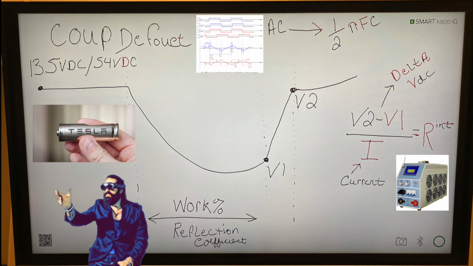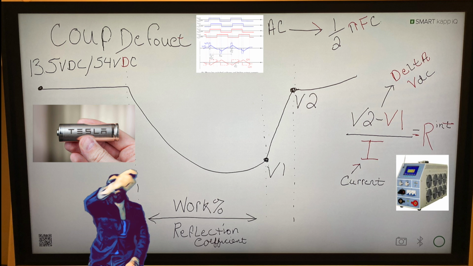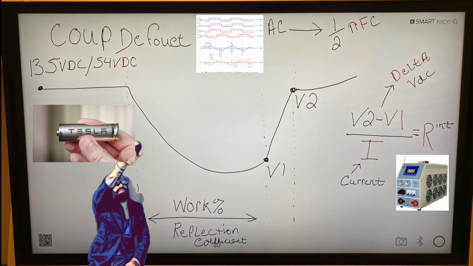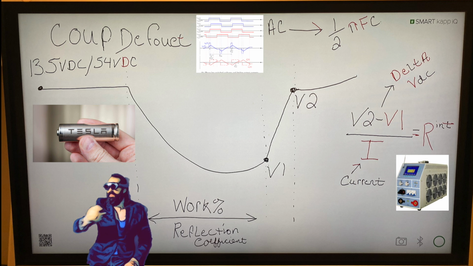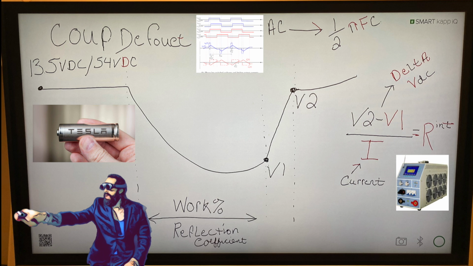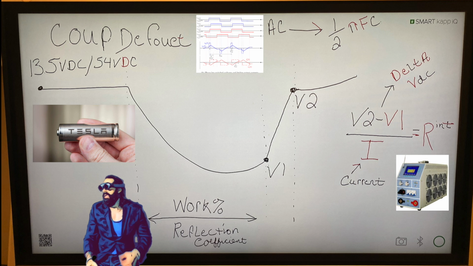That's simple Ohm's law, right? So if we're doing simple Ohm's law, we should be able to just do V, I, R, right? And if I want any one of these, if I want resistance here, basically I would just take that delta V and divide it by the current, which is what we're doing right here. That's what you can see. And that's going to give us internal resistance in micro-ohms, particularly on valve regulated lead acid batteries, but in many different types of systems.